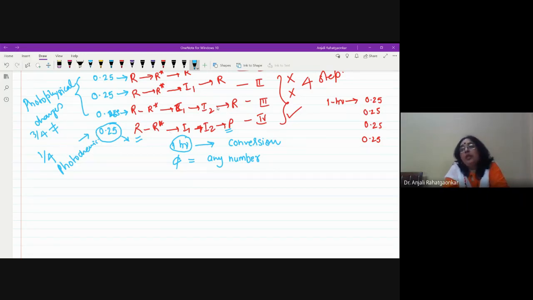So only one-fourth of energy is absorbed by the molecule, and it is forming the reactants into the product. So I can say that psi can be any number, or psi is equal to 1, or psi is always greater than 1, or psi is less than 1.